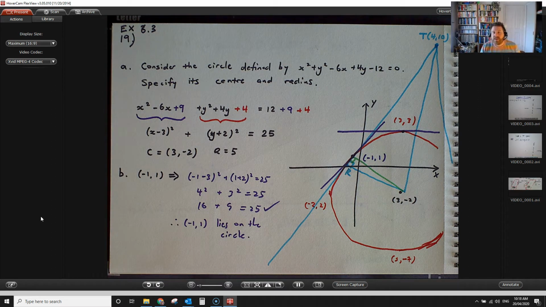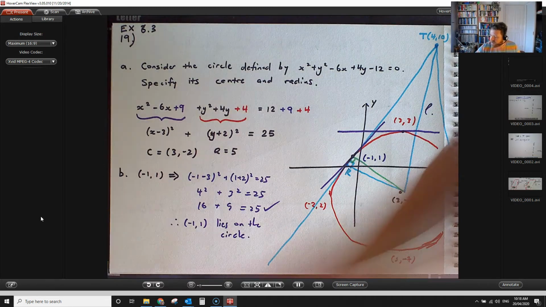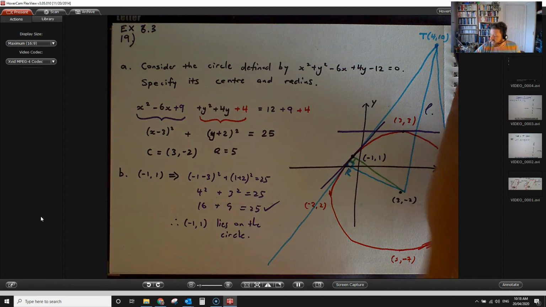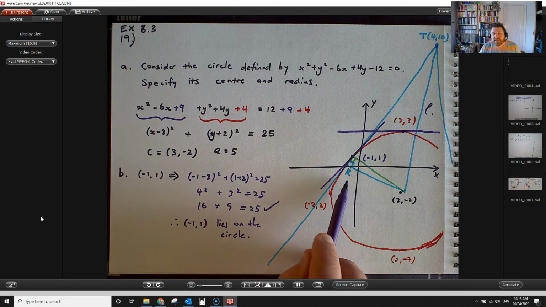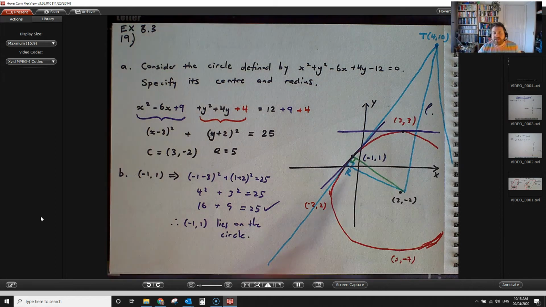So the nice thing about that is then we can just work out the length of this side here from T to the center of our circle. We know the radial length, and we can use Pythagoras to find that distance. And we never even have to find the point R. So let's do that.